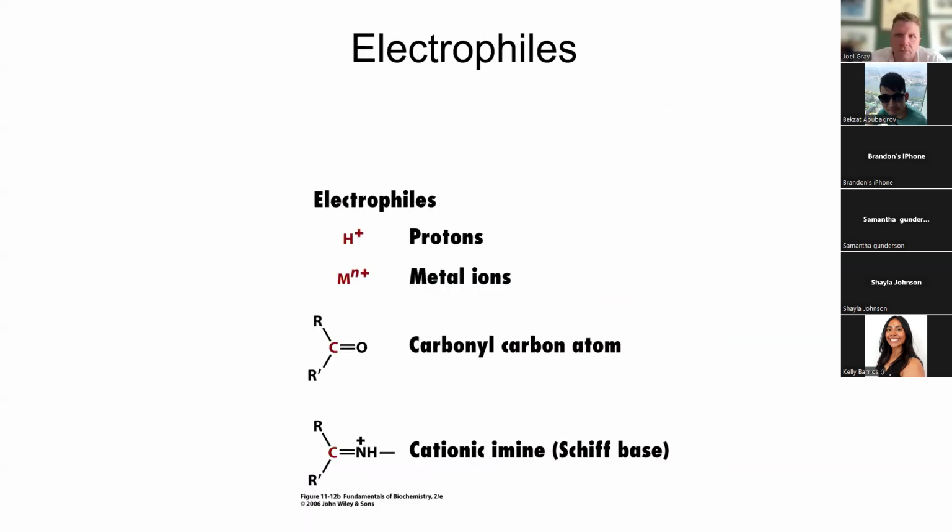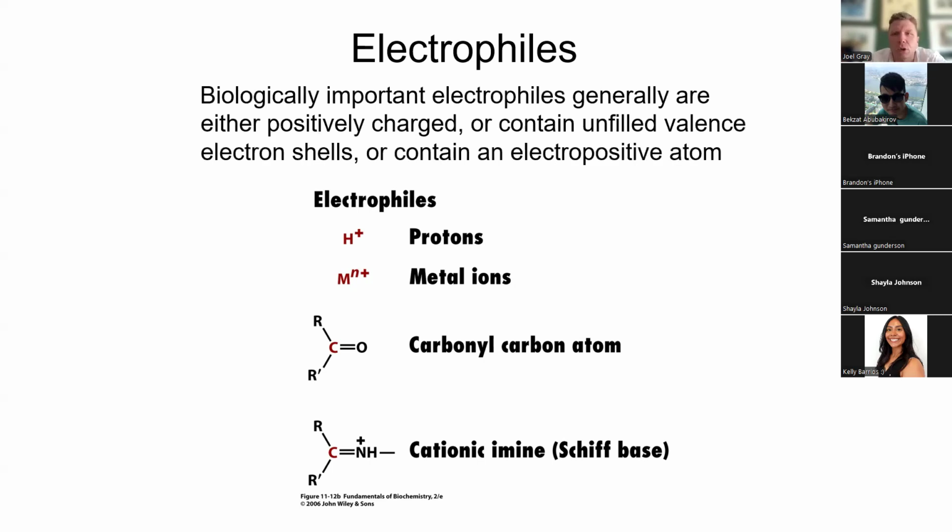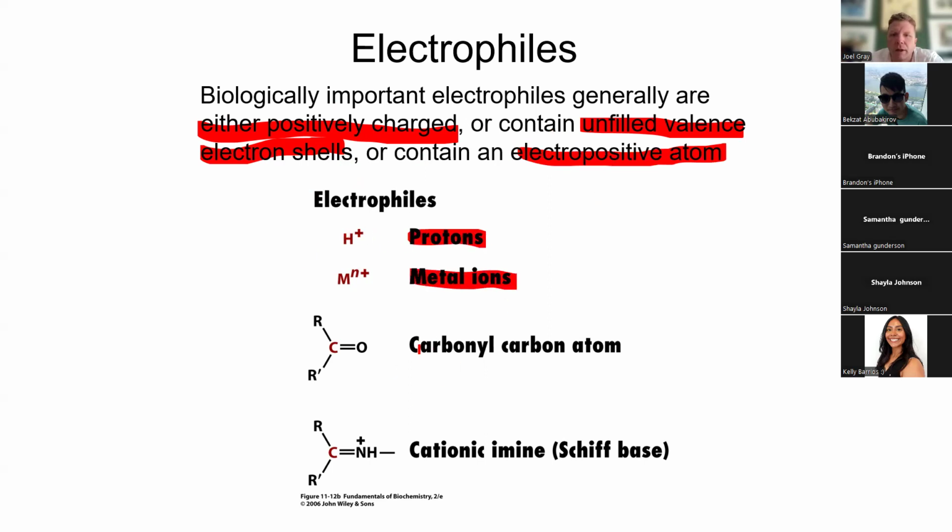Now, electrophiles. Where is an electrophile going to be found? It's going to be found on your substrate. Biologically important electrophiles generally are either positively charged, or contain an unfilled valence electron shell, or contain an electropositive atom. Strong electrophiles are protons, metal ions, carbonyl carbon atoms, and cationic amines or Schiff bases.